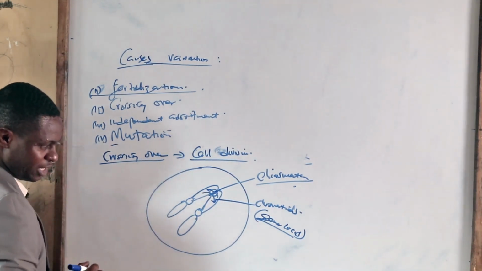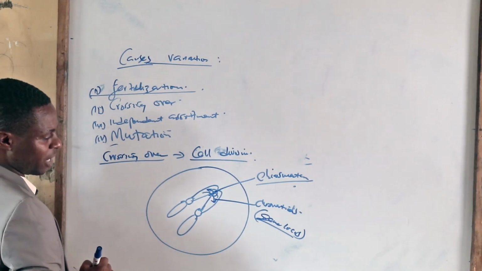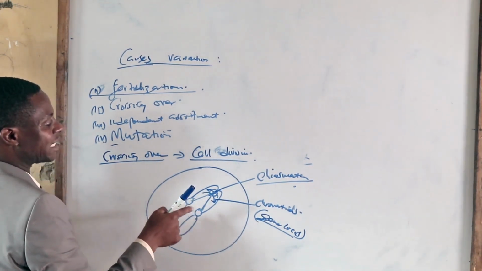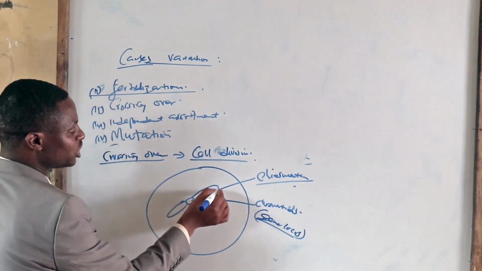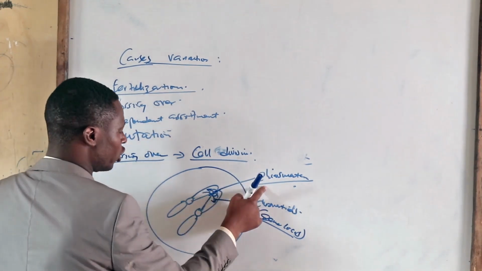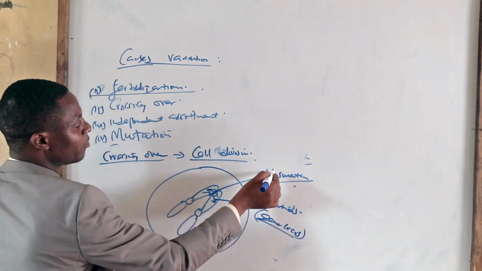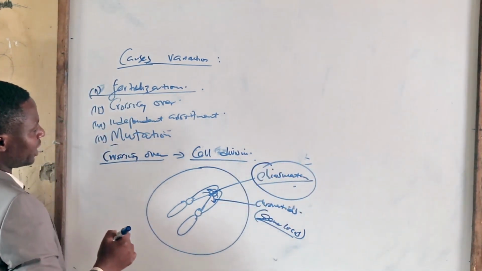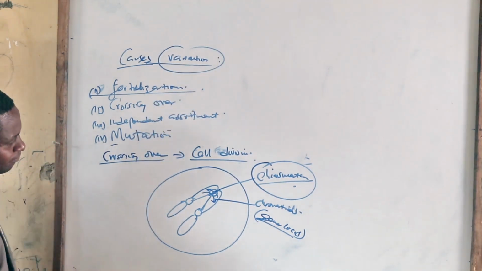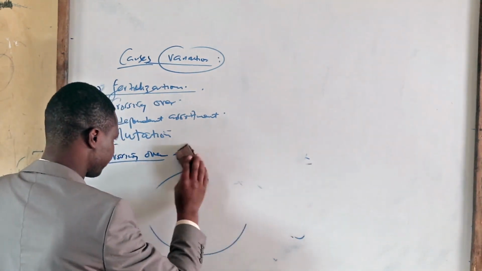So if this chromatid gives rise to an organism after cell division, that organism is going to have different characteristics, because there was an exchange of genetic information at the point of contact. That exchange will result in variation at the end of it all. So that is how crossing over causes variation.